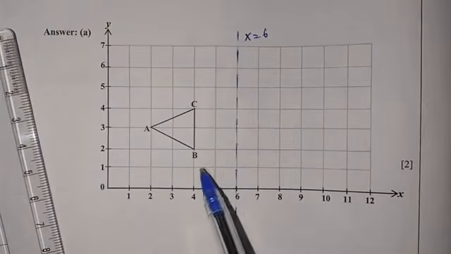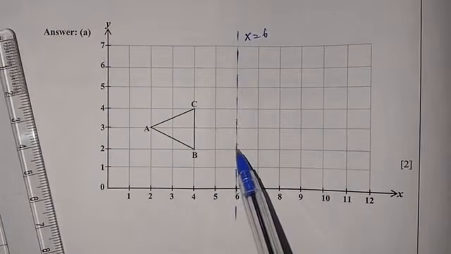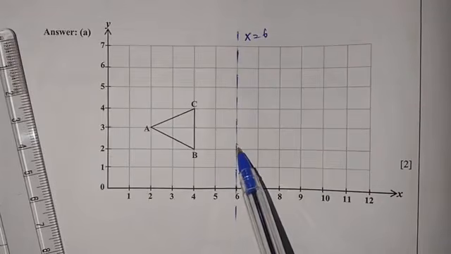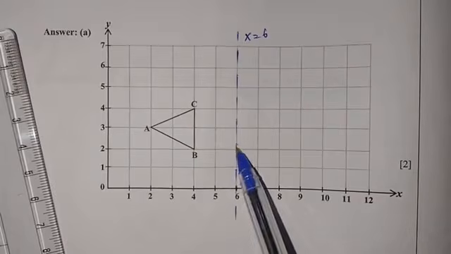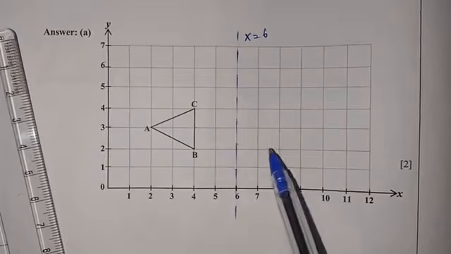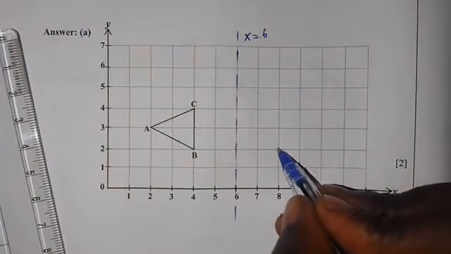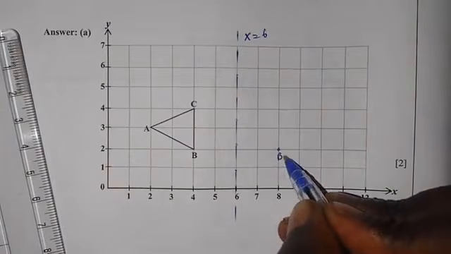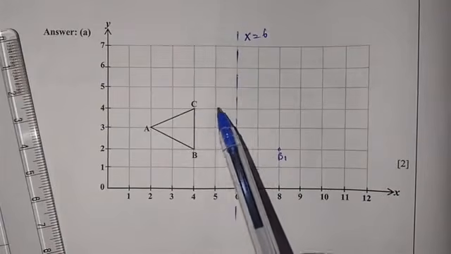So here what we do is measure the distance, or count the distance. From this mirror line, x equals 6, to get to B, how many steps are there? So count 1, 2. So you come here, count 1, 2. So this is where we are going to have B1. Then you come to this one also, you count from here, 1, 2.